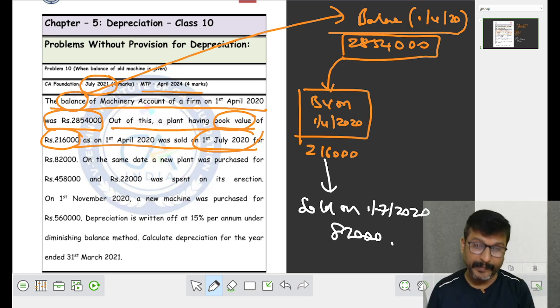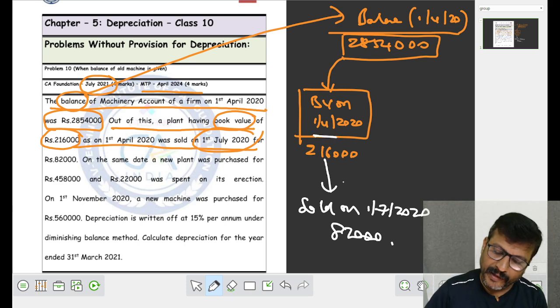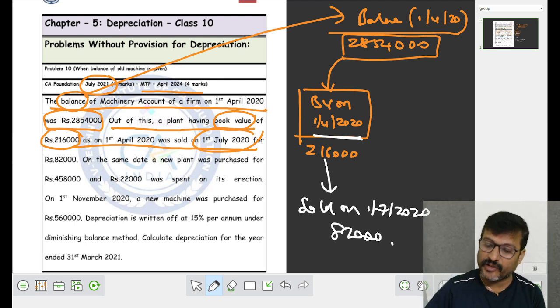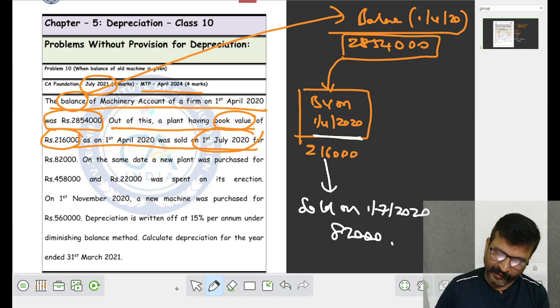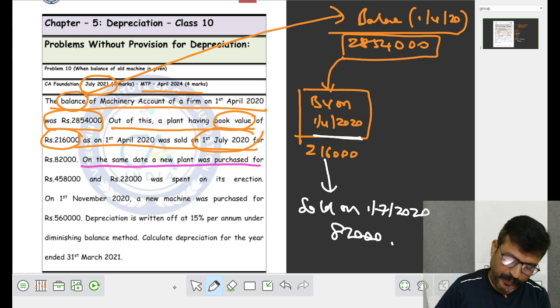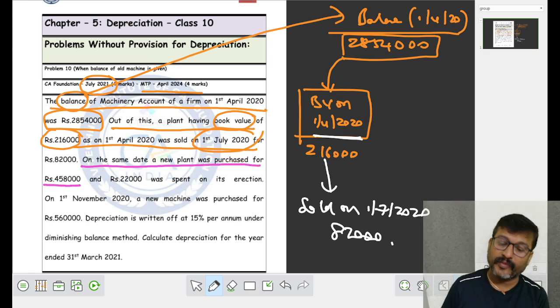Are you understanding, my dear student? Book value on April 2020 is 2,16,000. Sold in the same financial year 2020-21 on July 2020 for 82,000. Fine. What next? On the same date, a new plant was purchased for 4,58,000.